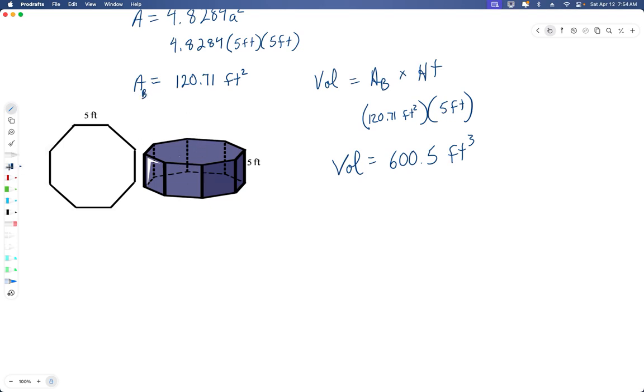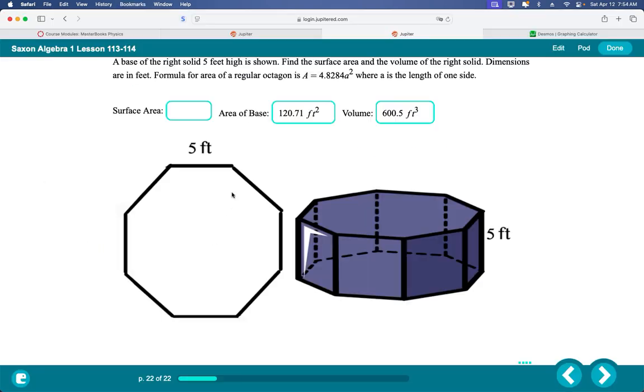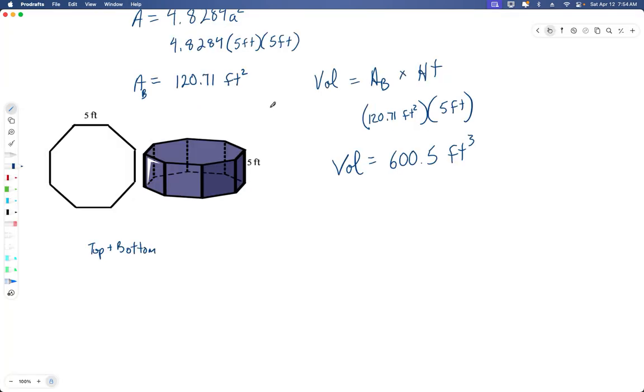That's the area of the base. So I have a top plus the bottom. And because it says a regular octagon, that means that all of the sides of the octagon are going to be identical. They're all going to be the same side. So I have 8 sides.